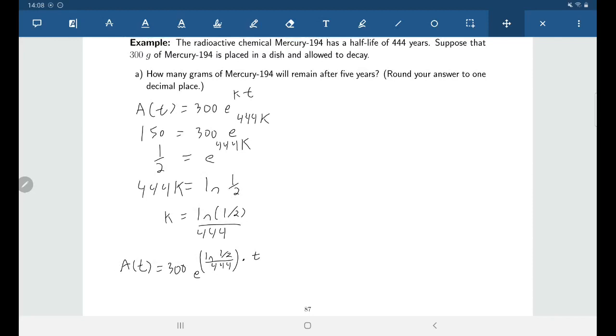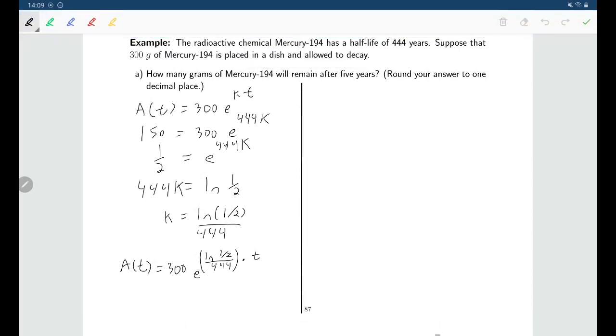All right, so what we want to know now is how much will remain after 5 years, and so we just need to now find out what A of 5 is.